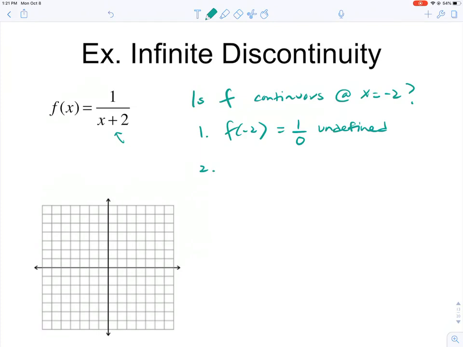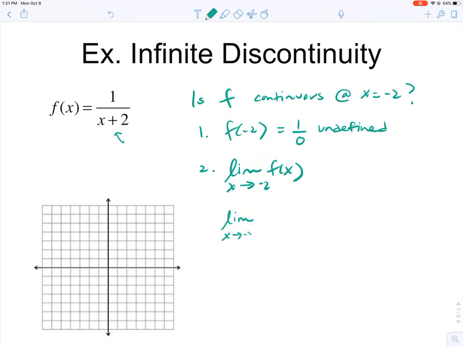But now to specify the type of discontinuity, if we take the limit as x approaches -2, we would end up with 1/0 when we do direct substitution. So then we have to think about the graph. We know the limit doesn't exist, but we need to be able to state why.